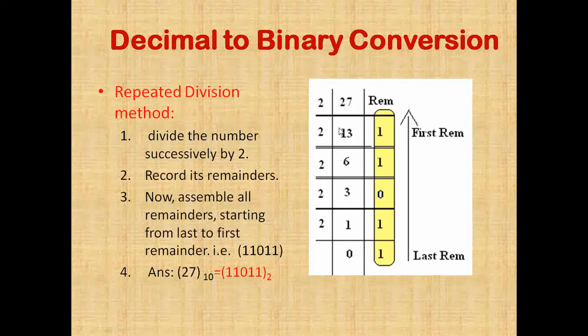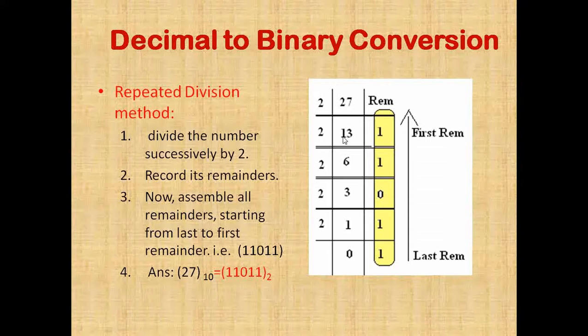And here we will write the quotient, and here we will write the remainder. So let us see how this can be done. First of all, we will divide 27 by 2. So 2 13s are 26, and we will note down the remainder at this position.